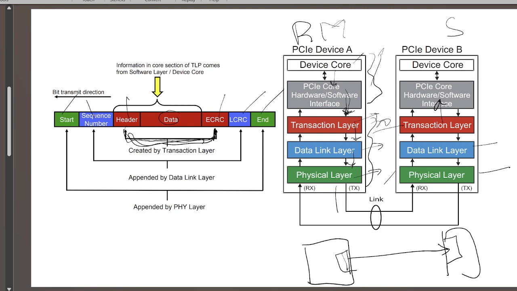So in this way, from transmitter to receiver, you encapsulate some data at one end, and at the other end you decapsulate the data. This is what we call a transaction in PCI. Each packet goes through the link in this manner. This is the starting point.